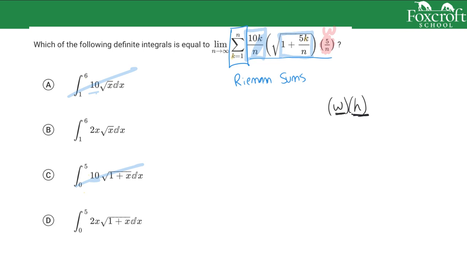All right, the next thing is if there was not a 1 in the square root, then this would be an x, and there would also have to be a similar x over here, but there's no 1 plus over here, so b is going to be out, and it's going to turn out that the right answer is d. Because when I plug in this 5k over n, which ends up being the kind of x value I'm currently plugging in, if I plug that 5k over n into here, that just goes there, I multiply it by 2, it gives me that.